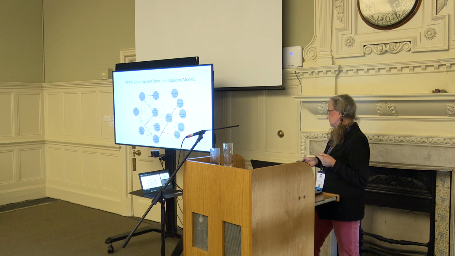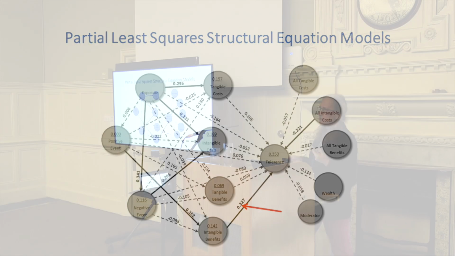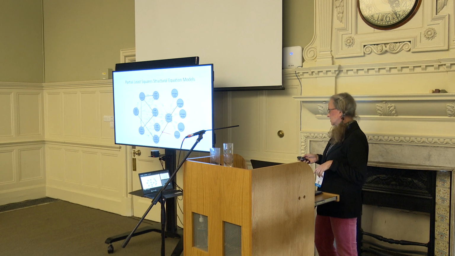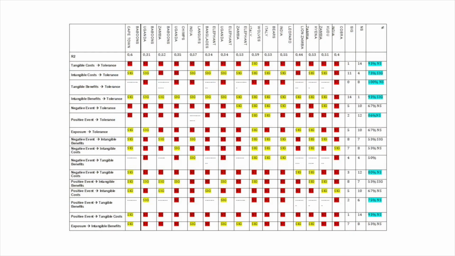And then we use path coefficients to determine the strength of the relationship, which can be interpreted as beta values in normal regression analysis.